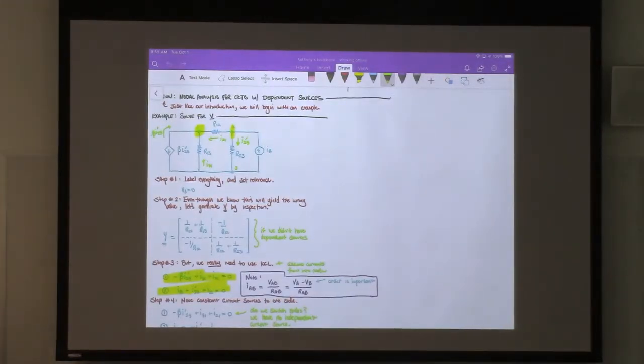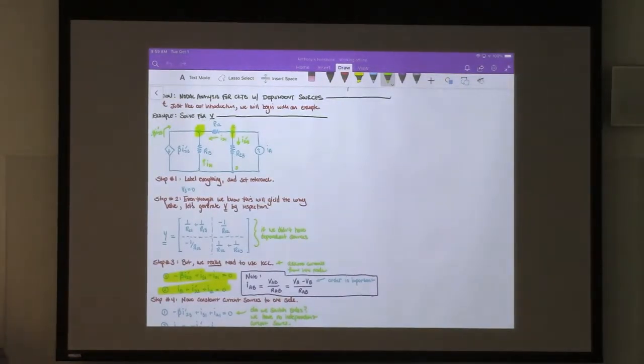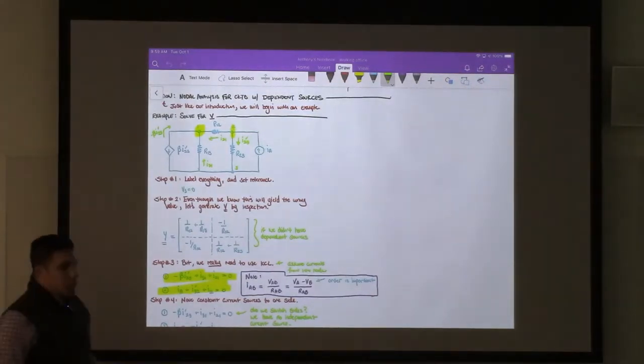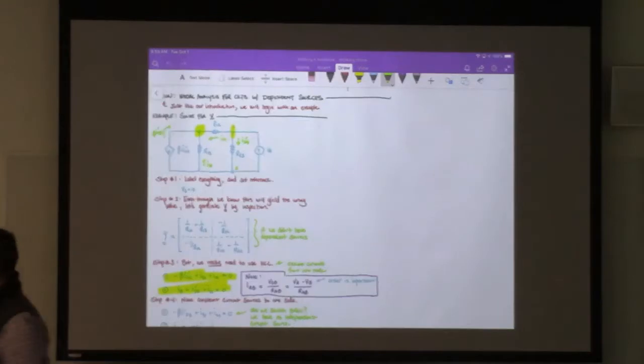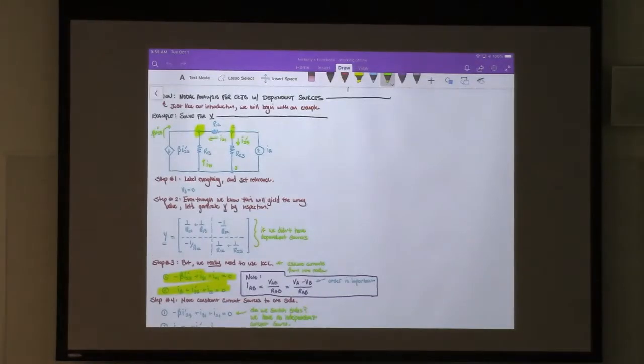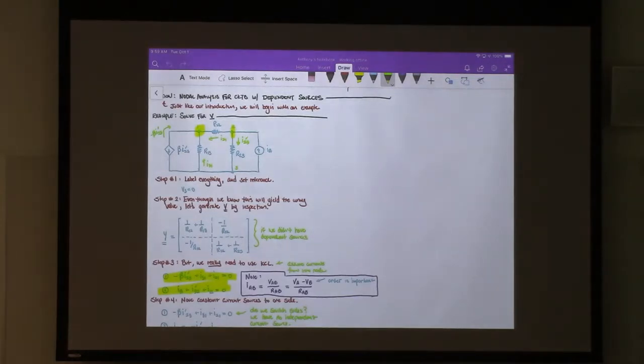So in order to solve this type of problem, we went back to what we had done originally, which was writing out the KCL equations and grouping them by the variables, the voltages, and then putting it into a matrix form. That essentially gives us everything that we need in order to solve.